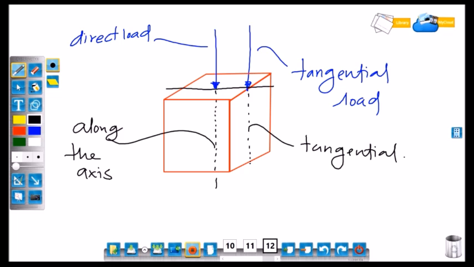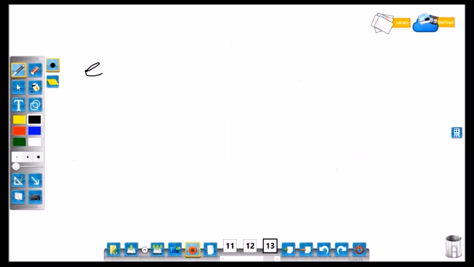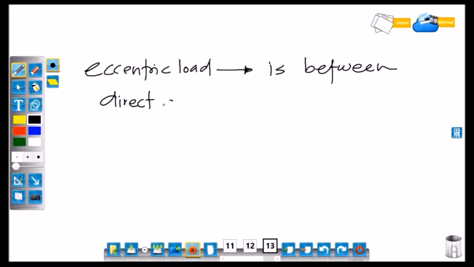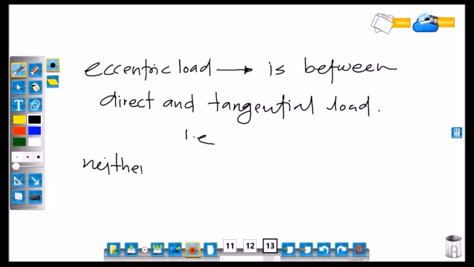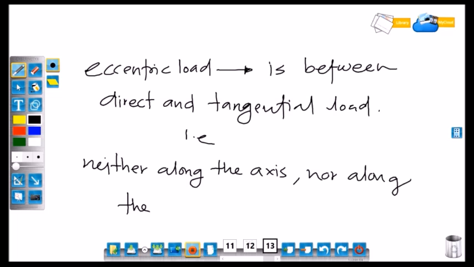When force is applied between direct and tangential load, it is called eccentric load, and the distance between the axis and the line of action of eccentric load is known as eccentricity. Eccentric load is applied between direct and tangential load, that is neither along the axis of the body nor along the tangential direction.